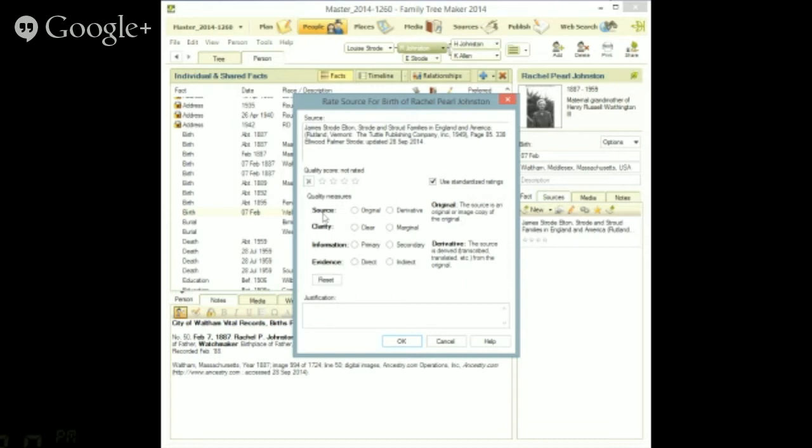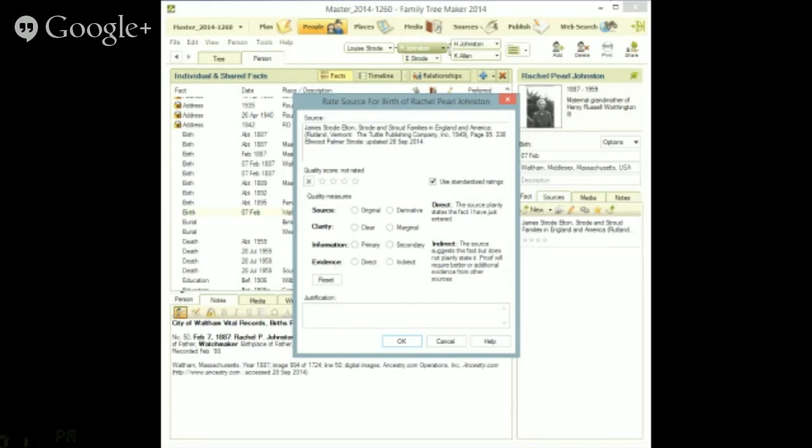The derivative is the source is derived, transcribed, translated from the original. So as I go down to clarity, it now says what these two options are for me. Information, primary or secondary. What does that mean? The information is on the right. And evidence.